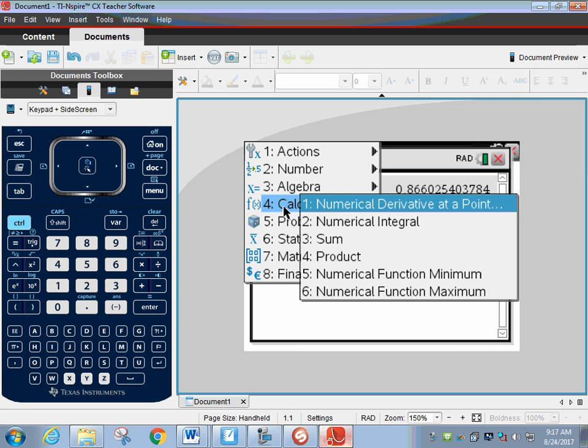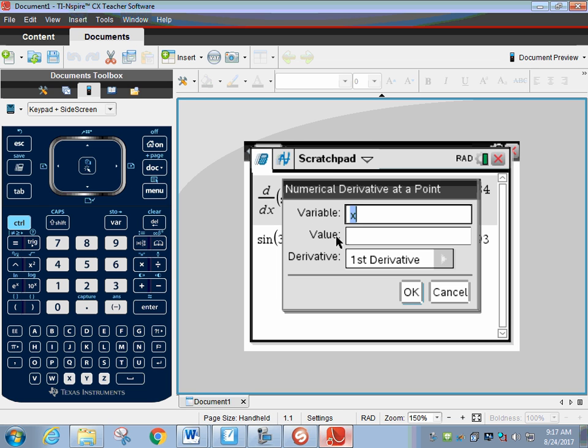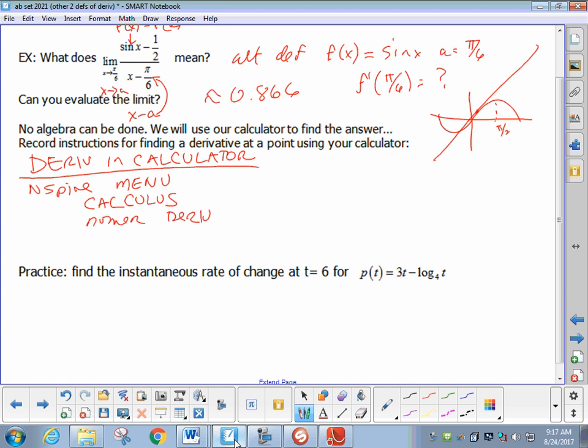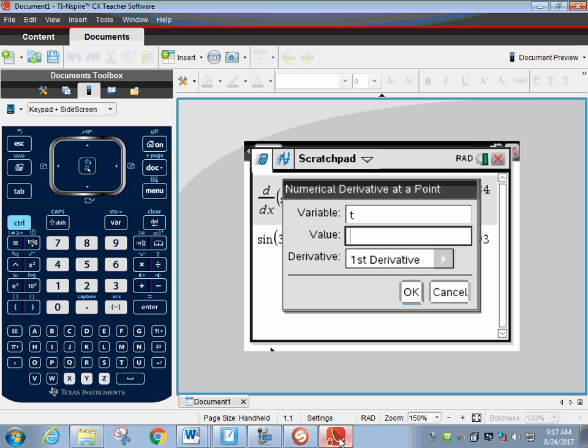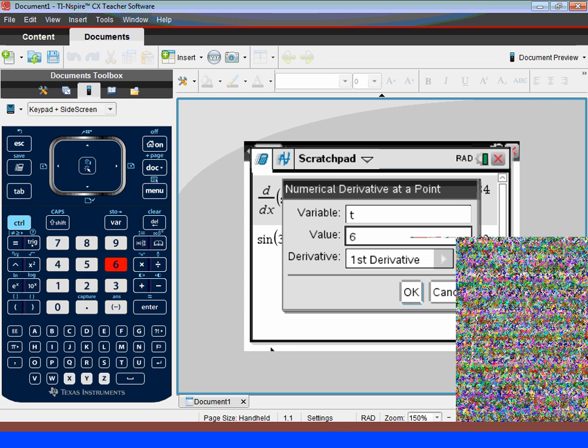Menu, calculus, derivative. If you want, you can call this t. At what value? At a value of 6. That's the number you want the slope at.